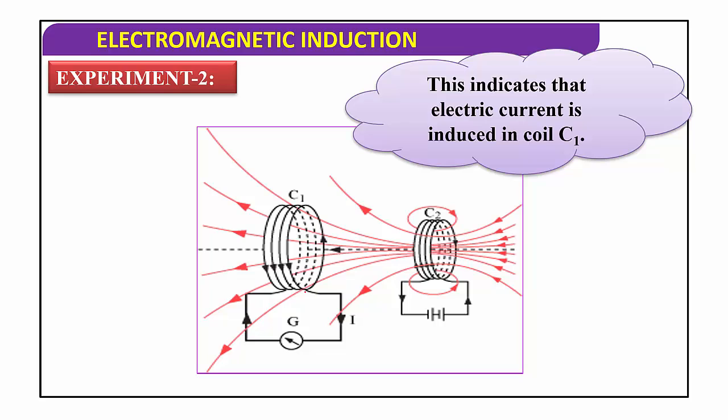Induced EMF takes place. That means electric current is produced and the galvanometer shows deflection. Either you can move the first coil or you can move the second coil. We can easily produce electric current because the magnetic field is changing. If both the coils are at rest, then we cannot produce electric current.